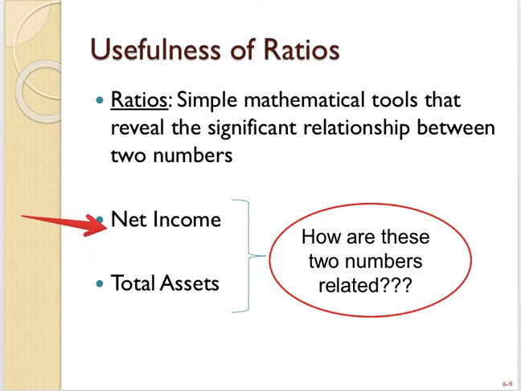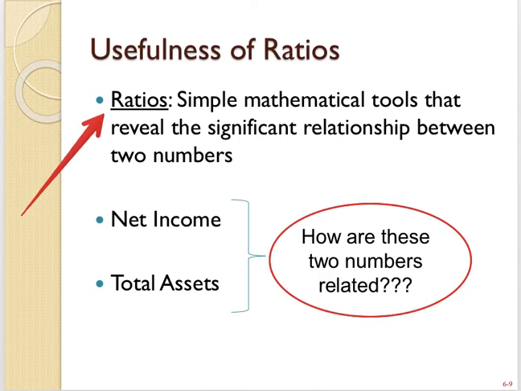Okay, so in order to pull more information out of the financial statements than just what's out there at face value, right? On the face of the financial statements, we see the assets and we see the income, but we can't see the relationship between the two and how well our assets are helping us to generate income. Okay? The way that we find the relationship between these two things is through ratios.